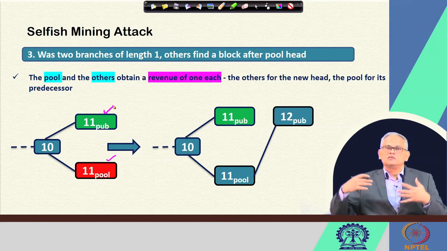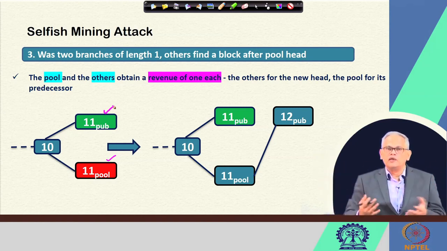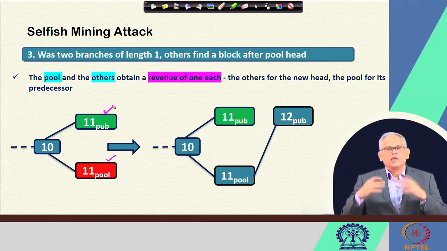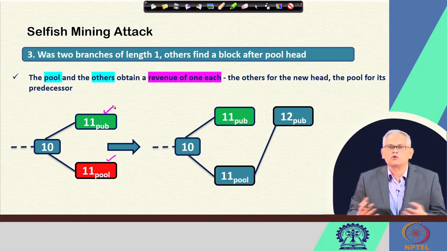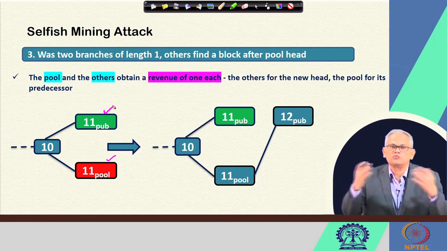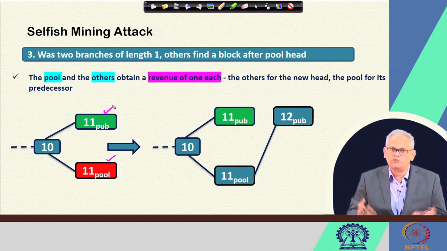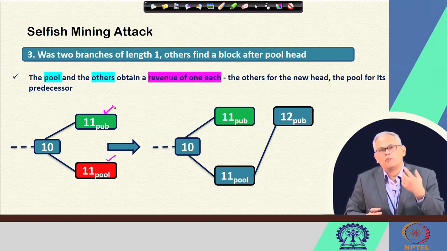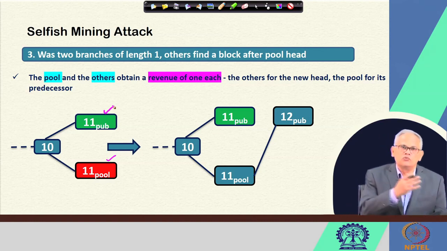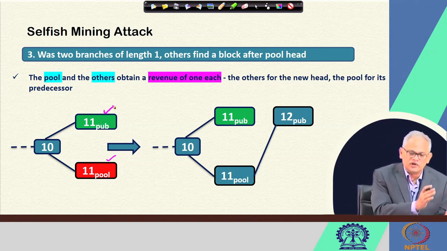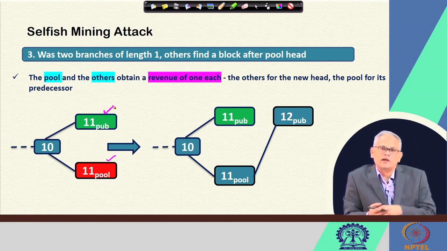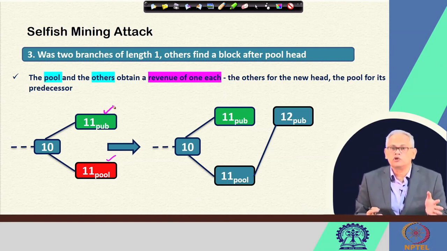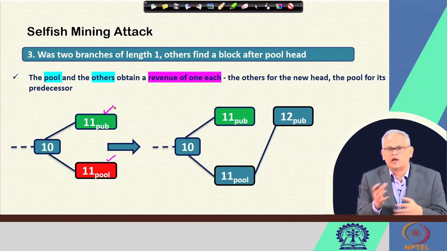So, now everybody will be trying to mine, and based on who got which one first, or got how many of these blocks from their peers, as we had explained before, the miners will either try to mine the next block by adding after 11 pub, or they will be mining to add another block after 11 pool, because they do not know that it is coming from the attacker.